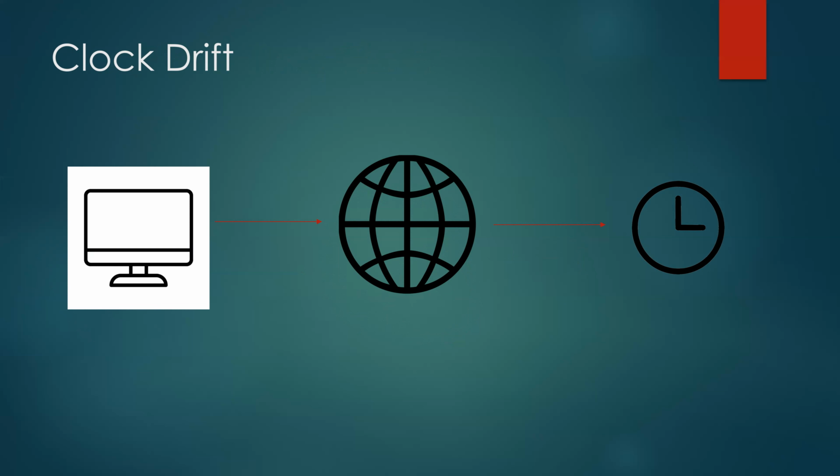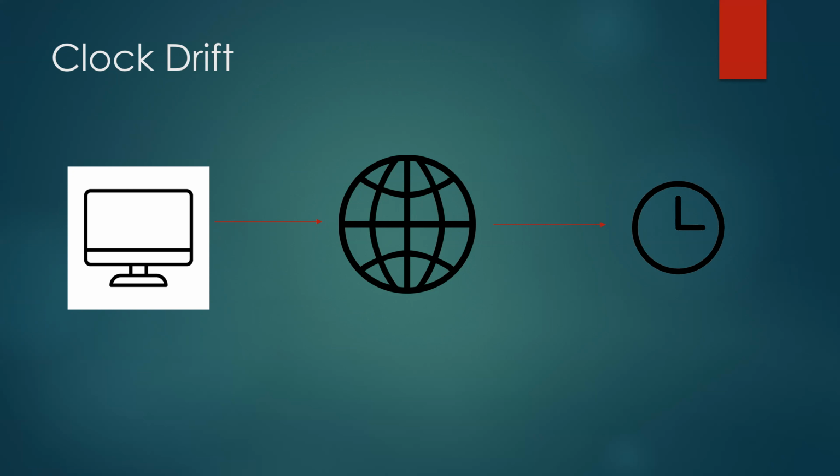But modern computers can make up for this. They can use the Network Time Protocol to synchronize their clock with a precise source, like the atomic clock. So when it's linked to the internet, it can use the atomic clock.